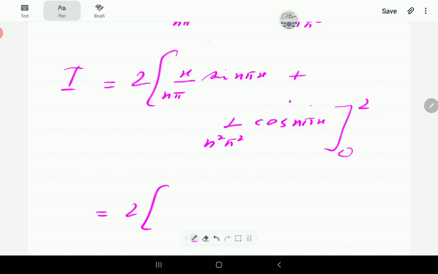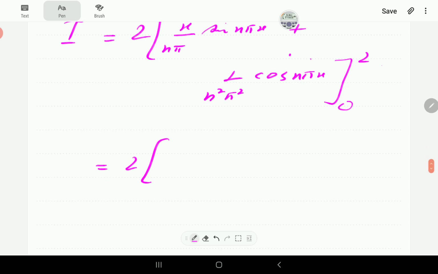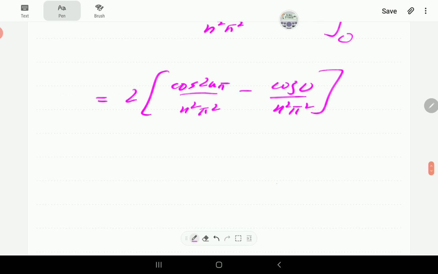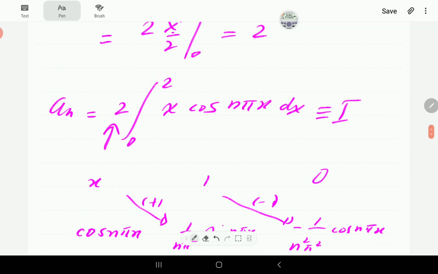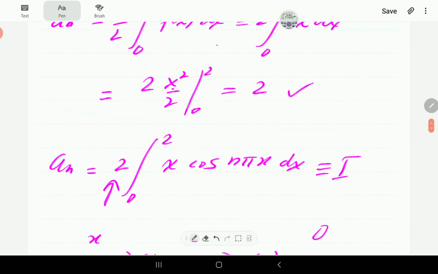When x is 2, it's cosine 2n pi over n squared pi squared, minus, when x is 0, cosine 0 over n squared pi squared. But cosine 0 is 1 and cosine 2n pi is also 1, so this thing is going to be 0. By the way, when you do this step, we make sure that n cannot be equal to 0. When n equals 0, we already did that above.